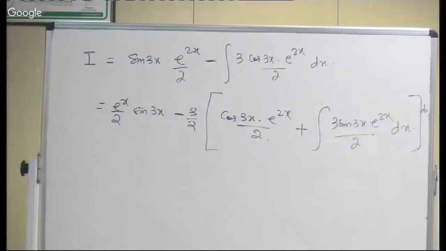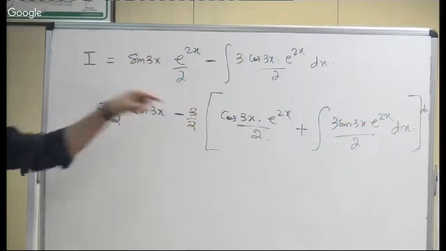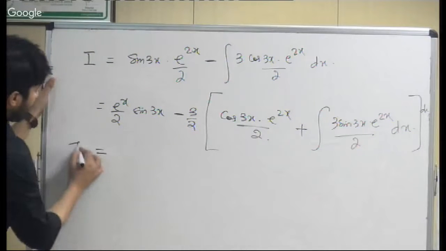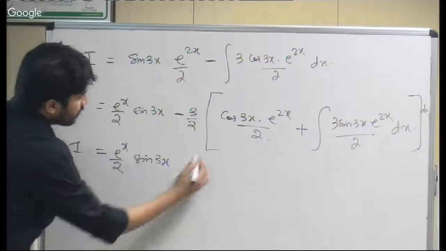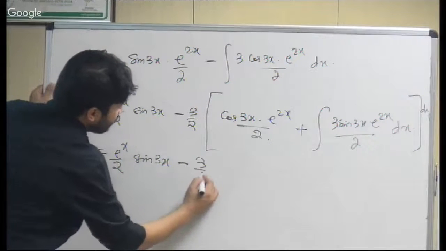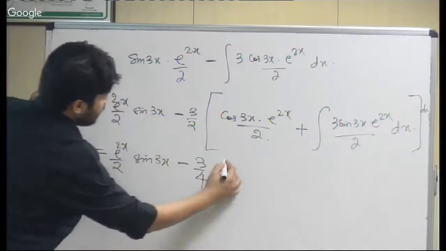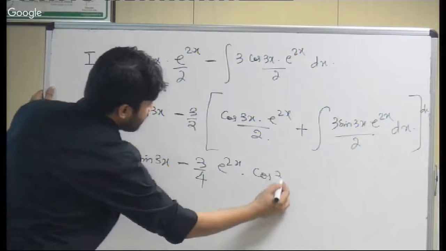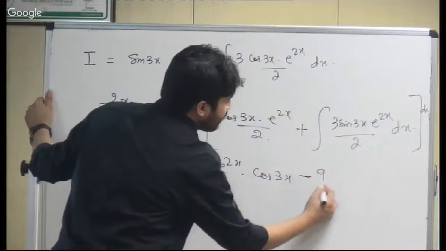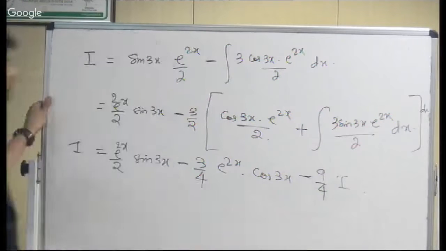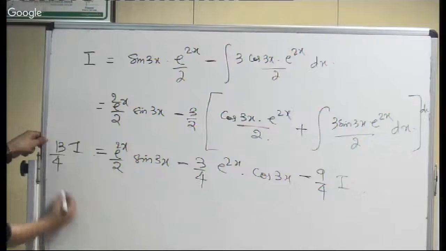This is where we started with I. So we got something like I is equal to e to the power 2x by 2 sine 3x minus 3 by 4 e to the power 2x cos 3x minus 9 by 4 I, right? So I can say 13 by 4 I.